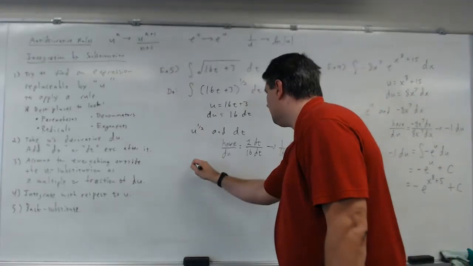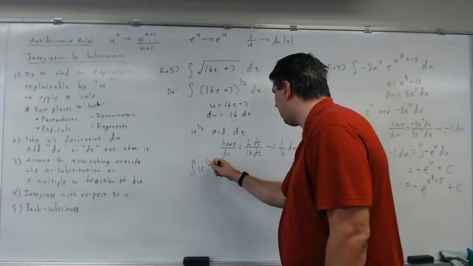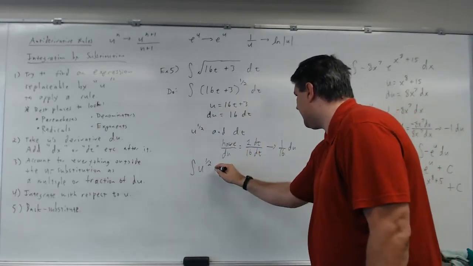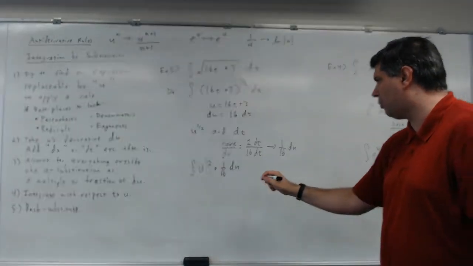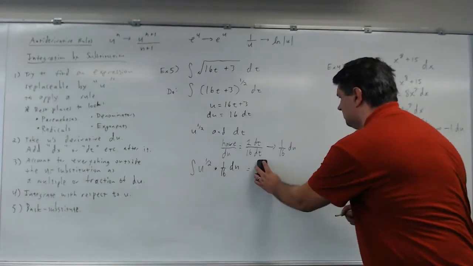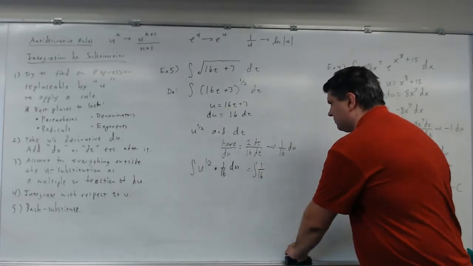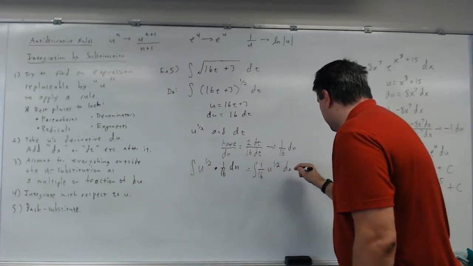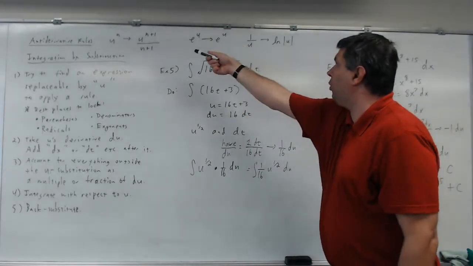So my integral is going to be u to the 1/2 power times 1/16 du. I'm going to put that in a more standard format as the integral of 1/16 u to the 1/2 power du. And then that's going to be right for the power rule.